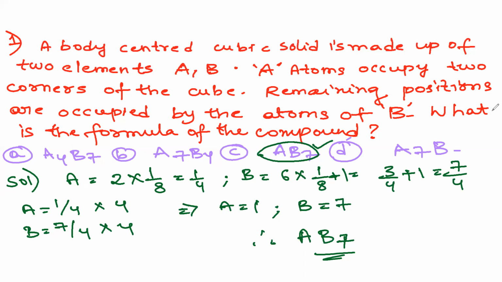A atoms occupy 2 corners only, and the remaining positions are occupied by atoms of B. It means B is occupying 6 corners along with 1 center. So A is 2 into 1 by 8, which is equal to 1 by 4. And B is 6 into 1 by 8 plus 1, because at each corner 1 by 8 of an atom is contributed, which comes out as 7 by 4. By multiplying with a suitable number, we get A is equal to 1, B is equal to 7, and the formula of the compound is AB7.